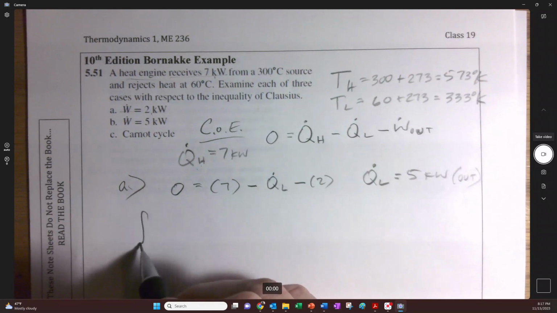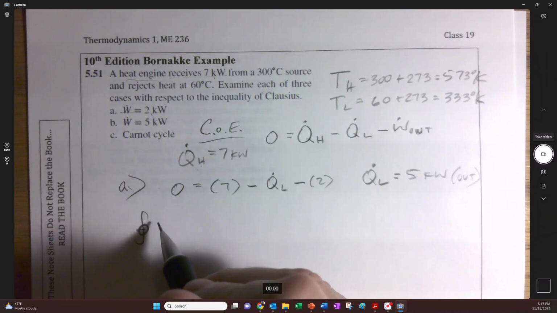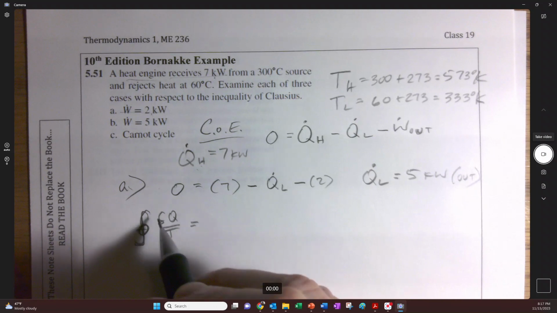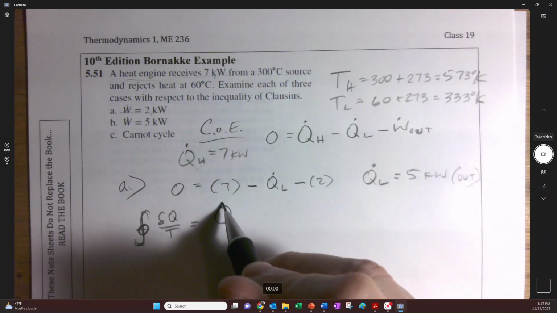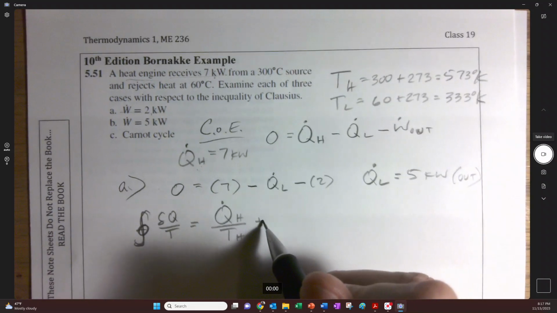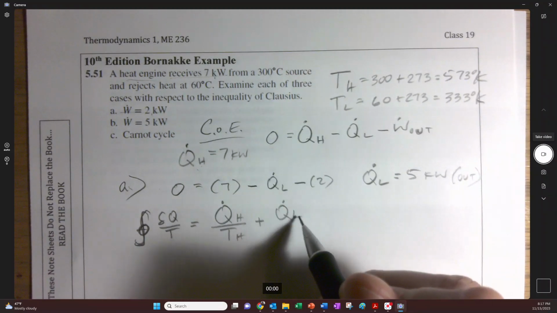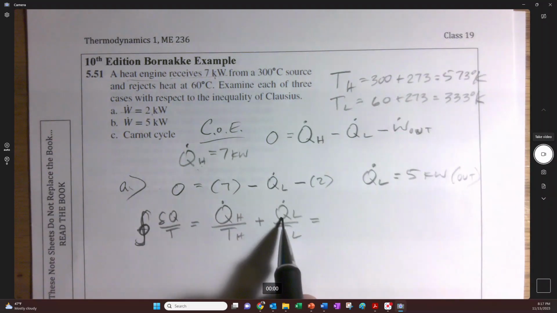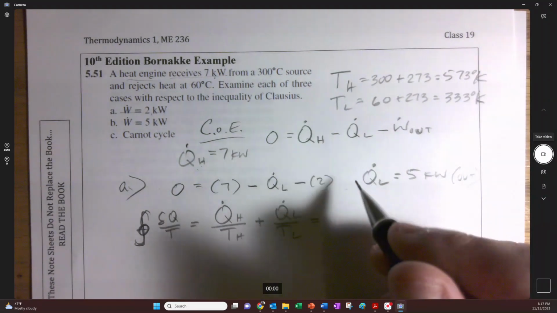Okay, so here's the inequality of Clausius. That's not an F, that's an integral of dQ over T around the whole cycle. That ends up being Q_H over T_H plus Q_L over T_L, and remember that is out, so it's negative inherently.